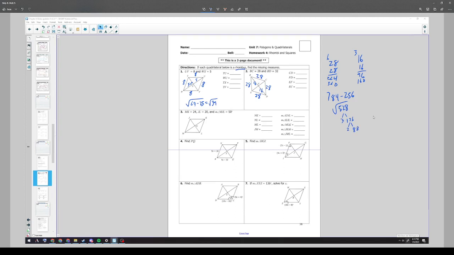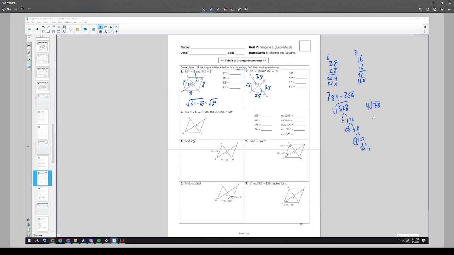Oh good, we can simplify, there's a 4 in there. So that's 4 and 22, which is 2 and 11. Great, so we found a pair of 2's and another pair of 2's. So we can simplify this as 4 times the square root of what's left over, just 11 and 3, so 4 square root of 33.